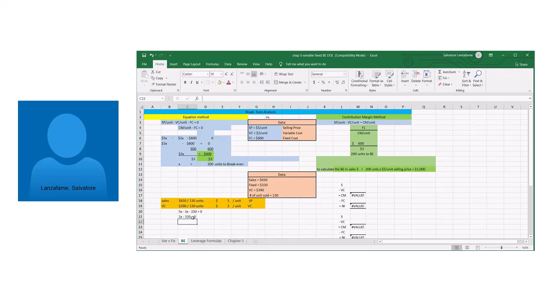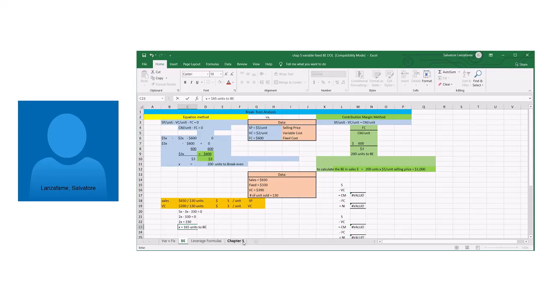Add 330 to both sides, we get 2x equals 330. Divide both sides by 2, and what is that, 165? And that's to break even.